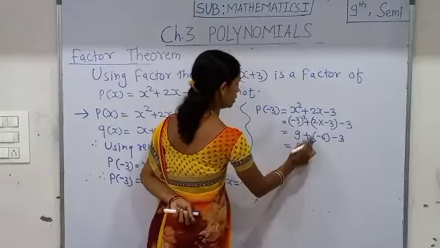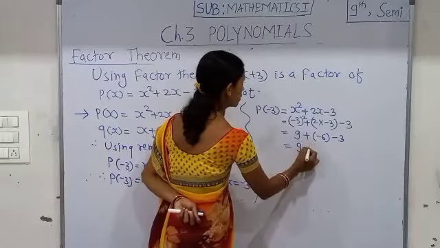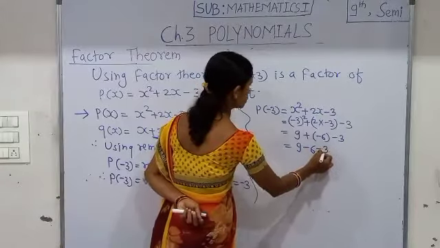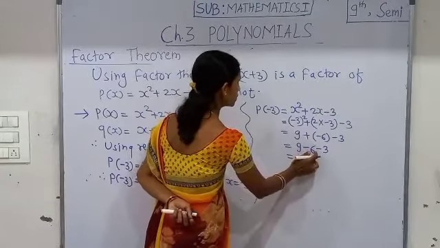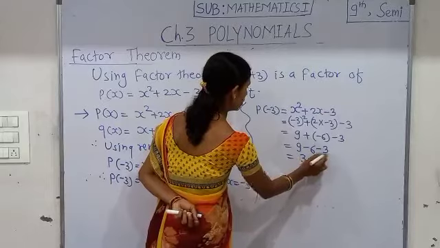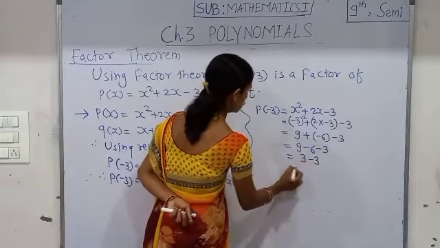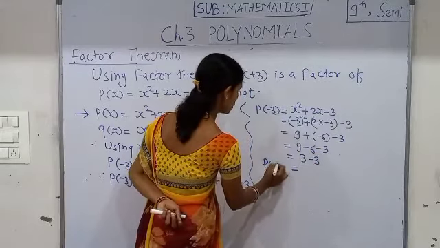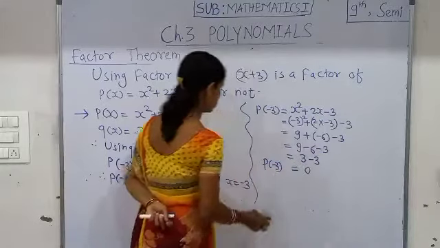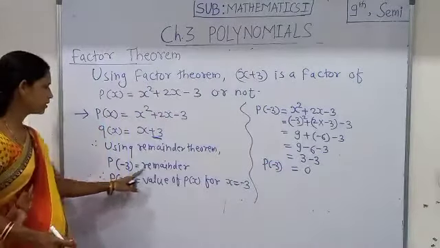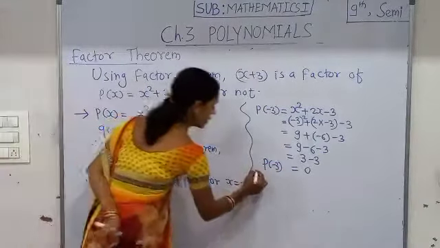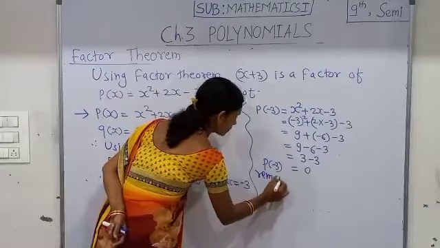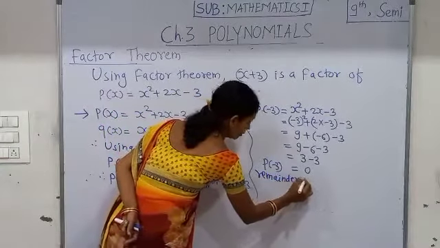Therefore, 9 plus minus 6, that is minus 6, minus 3. 9 minus 6 is 3, minus 3. Here we get p(minus 3) equal to 0. And p(minus 3) is the remainder, so the remainder is equal to 0.